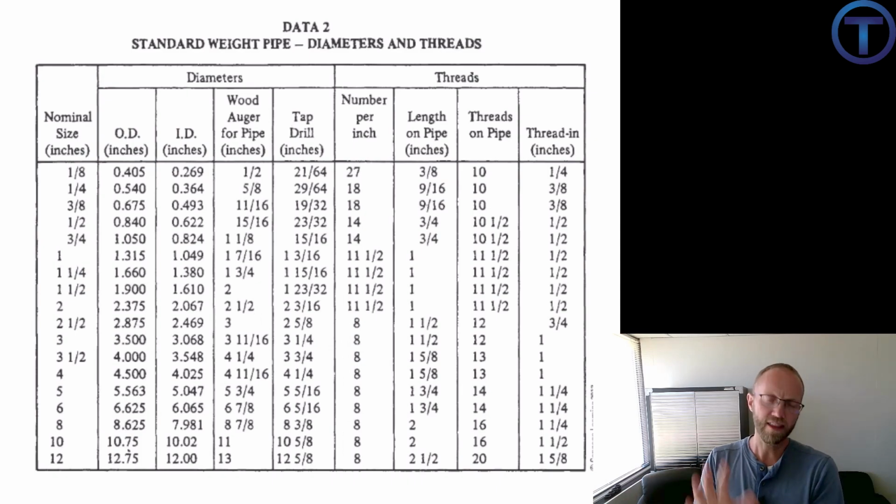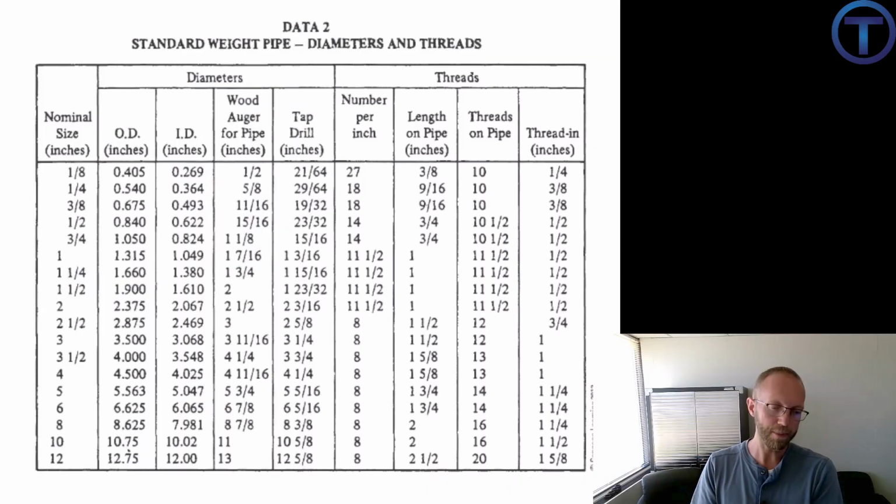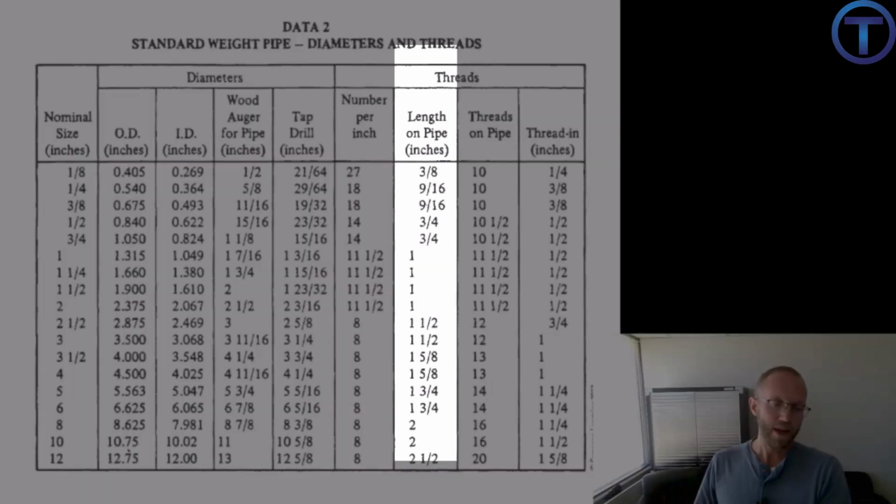Okay, then we look at some columns that are specifically about the threads themselves. So we have the number per inch. This refers to the number of threads per inch that you're going to have on that pipe. Then we have the length on pipe. This refers to how much in inches of the pipe is going to be covered by threads.